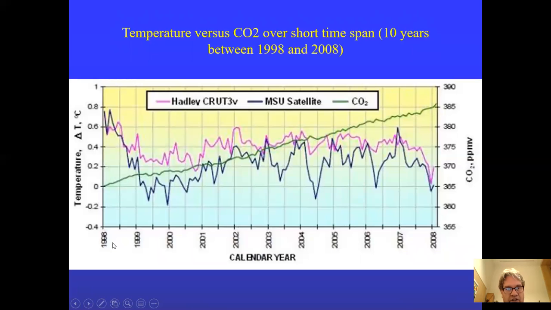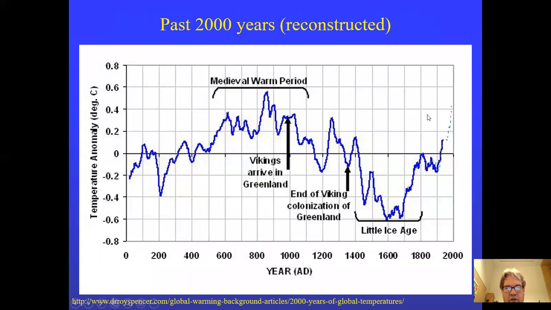And we can see, from 1998 to 2008, here's the CO2 increase and the measurements of temperature. They don't match very well in this little block of time. This is only 10 years, so it's not a really clear picture, but they don't always match up. So CO2 is not a perfect predictor of temperature.